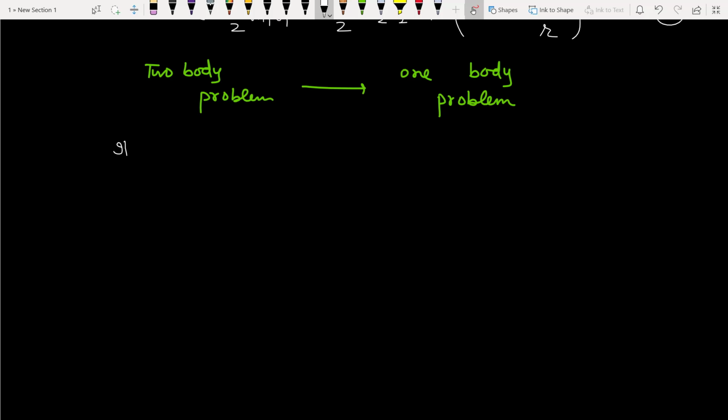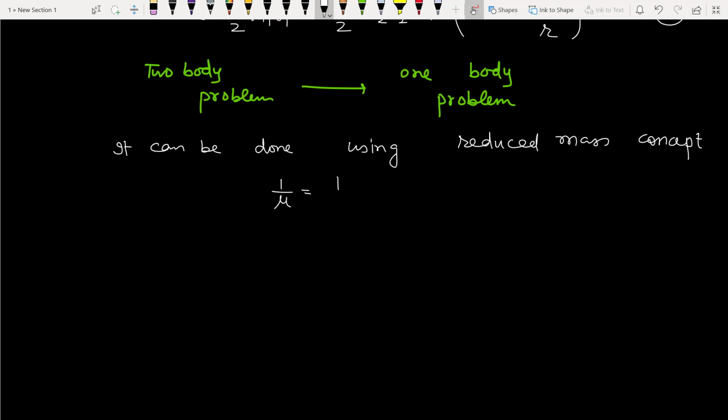It can be done using the reduced mass concept, and the reduced mass is given by mu. What mu is and its relevance has been discussed in our previous lecture.